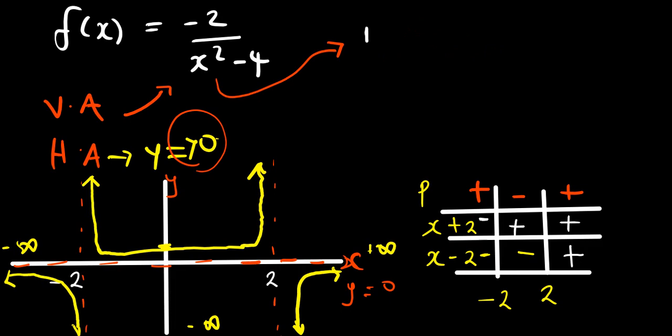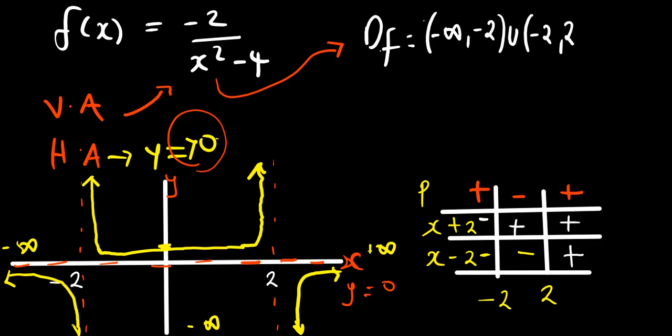The domain for this function will be all the values from negative infinity to negative 2. Negative 2 is a vertical asymptote, so we're not going to include it. Union negative 2 to 2. 2 is also our vertical asymptote. Union again, 2 to positive infinity, like that.